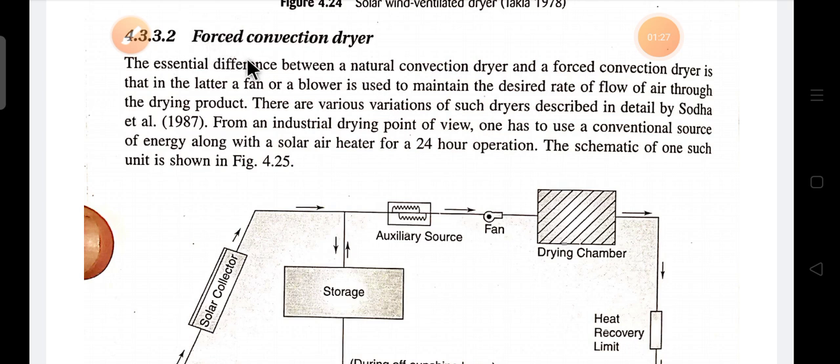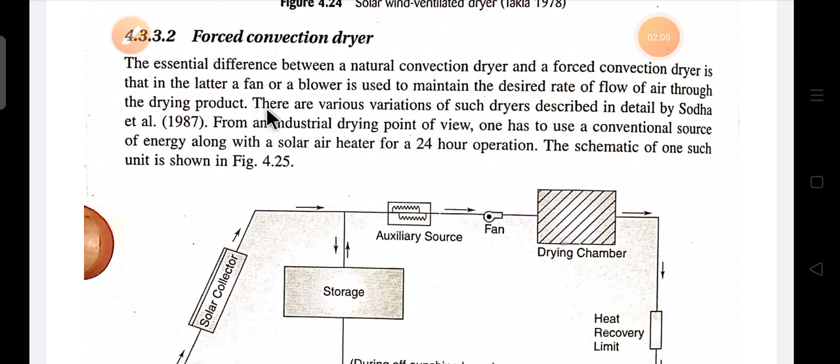The essential difference between a natural convection dryer and a forced convection dryer is that in the latter a fan or a blower is used to maintain the desired rate of flow of air through the drying product. This is the basic difference between the two.